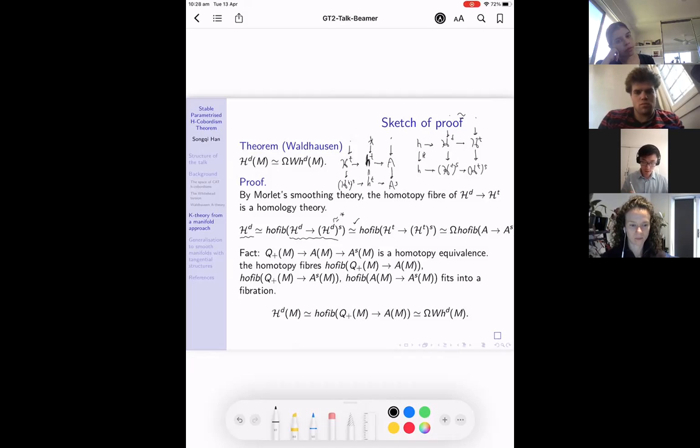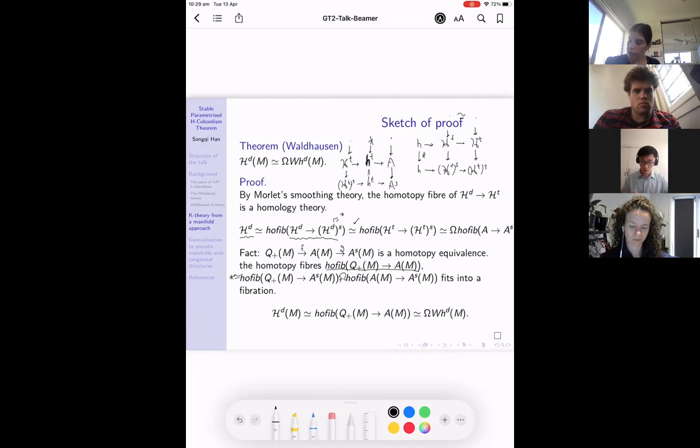always a homotopy fiber sequence relating the three homotopy fibers, namely the homotopy fiber of the first map, the homotopy fiber of the second, and the homotopy fiber of the composite. We know that this fits into a fibration, and since the composite is a homotopy equivalence, we know the homotopy fiber of it is contractible, which means the first term is homotopy equivalent to the loop of the third one.